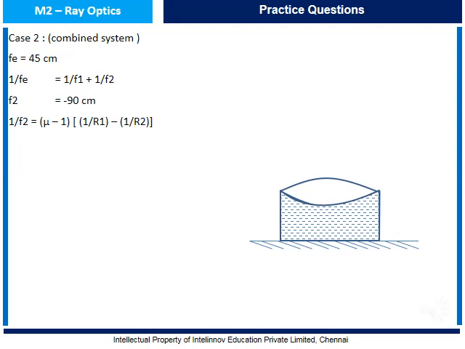We know the radius of curvature of the lens is 30 and R2 value is infinity, that is of the plane mirror. Thus, we get minus 1 by 90 equal to mu minus 1 into 1 by 30 minus 0. On solving, we get refractive index of the liquid as 4 by 3.